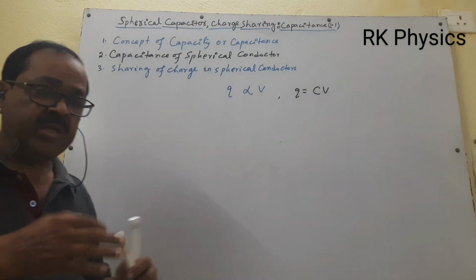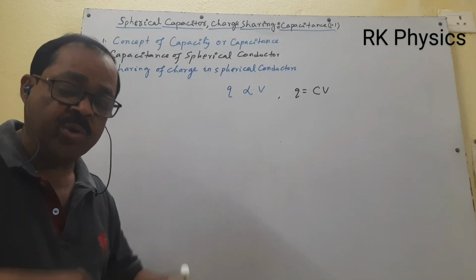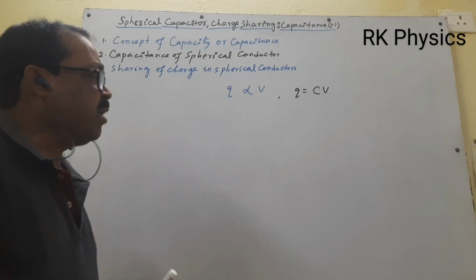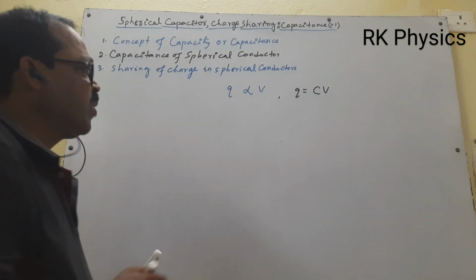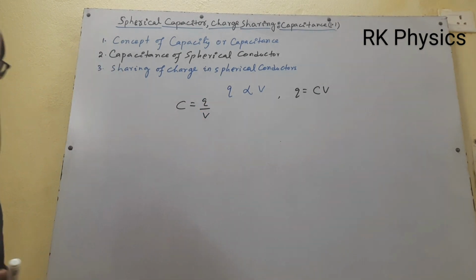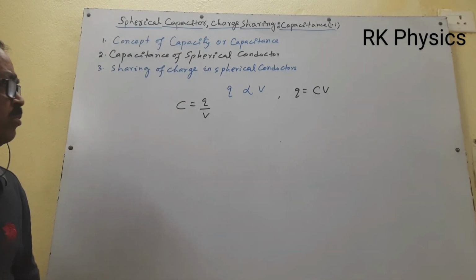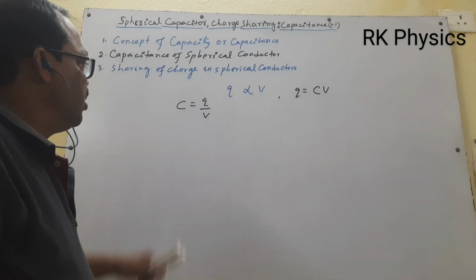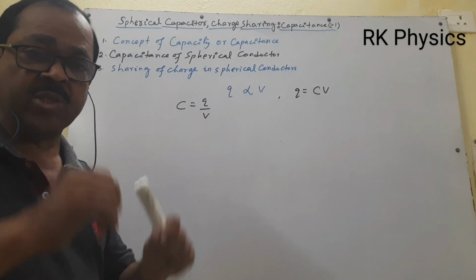That is, C is the intrinsic property of the conductor due to which it is capable of storing charge, and that C is called the constant of proportionality. You can define C as the ratio of charge given to a conductor to the potential induced.